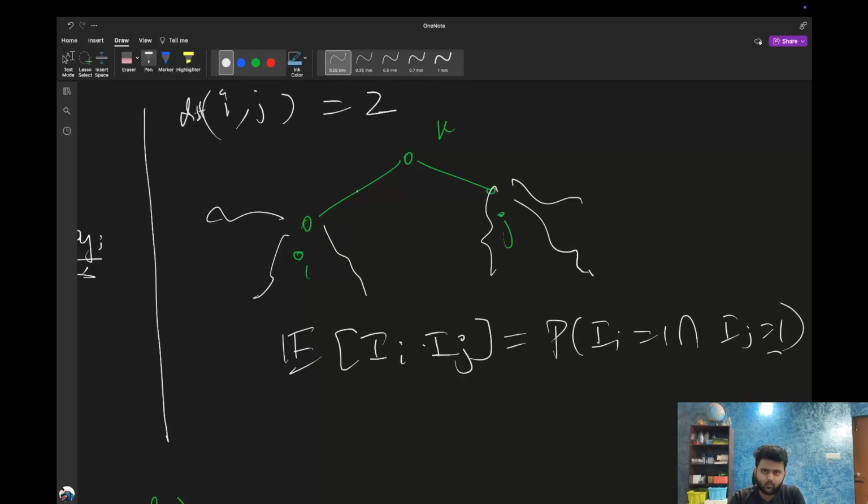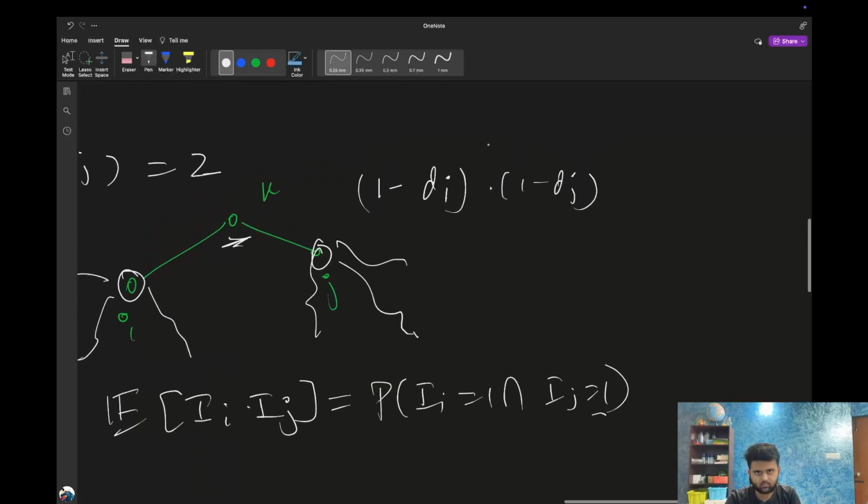Now, if you remember, the condition for it to be a leaf is that this should live, and since these are independent events, let's just write that down. And exactly one of its neighbors should live. So now there are two choices. Either K is a neighbor, so let's consider when K lives.